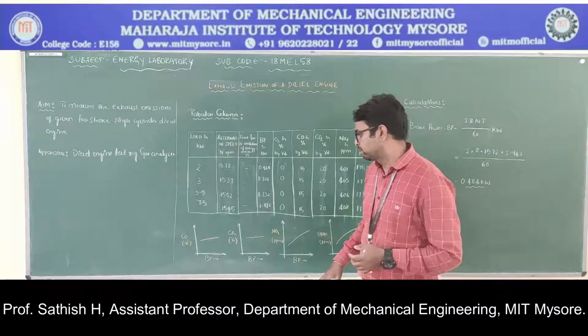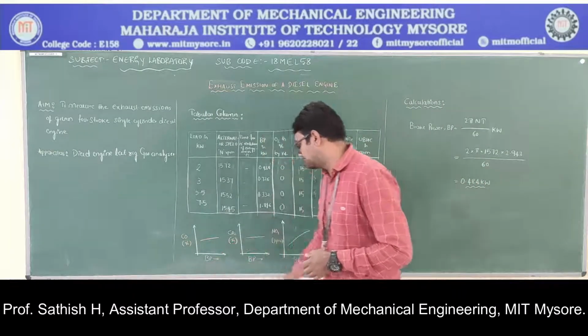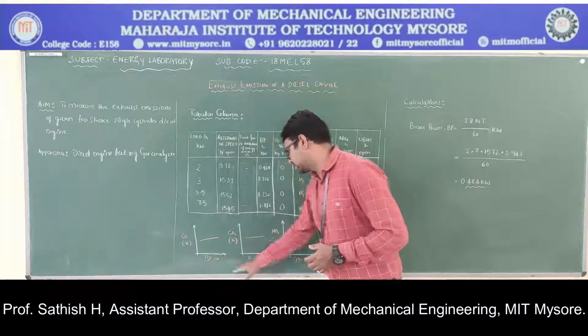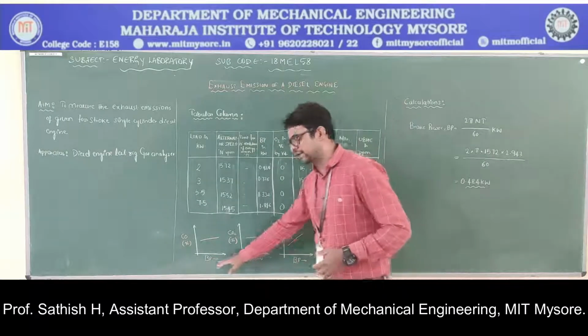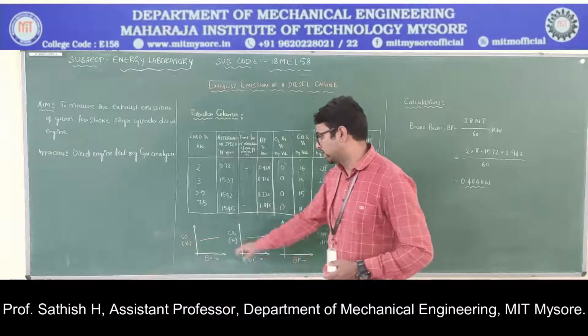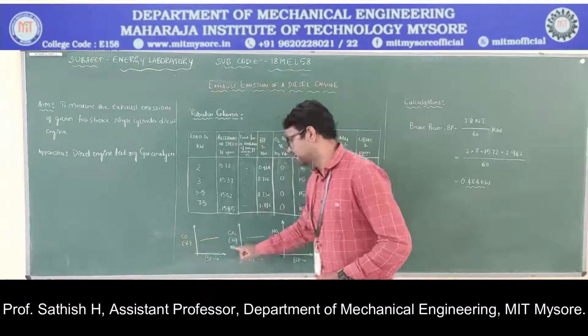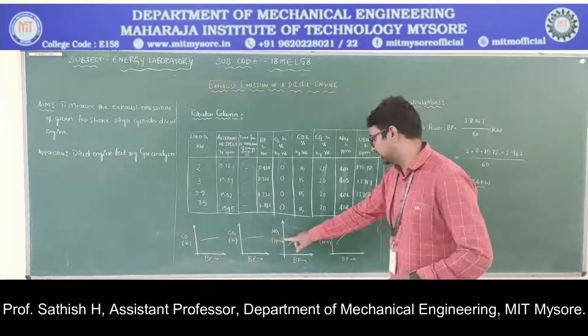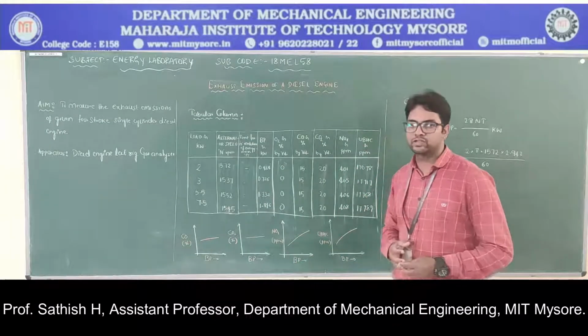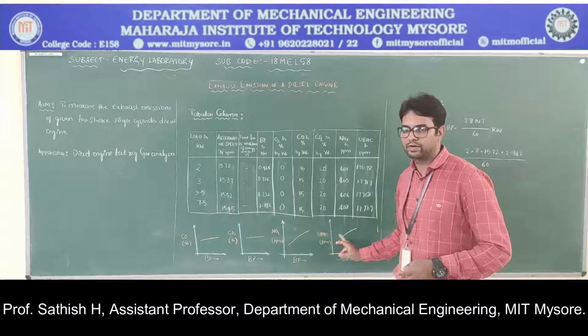After this, we have to plot the graphs. On the x-axis we have taken the brake power, BP. On the y-axis we have various pollutants: in the first case carbon monoxide, in the second case carbon dioxide, in the third case nitrogen oxides, and in the fourth case unburned hydrocarbons.